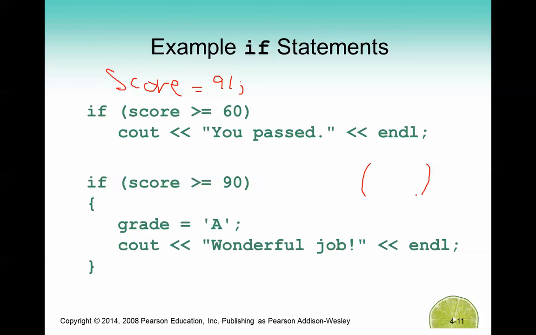So this is going to be displayed on the screen. You pass. Then it goes to the next line, and it's going to ask, is score greater than or equal to 90? Yes. So A, this happens inside RAM, okay? But then this one is going to be sent to the output. So we're going to get wonderful job. So at the end, we're going to have 2 lines.